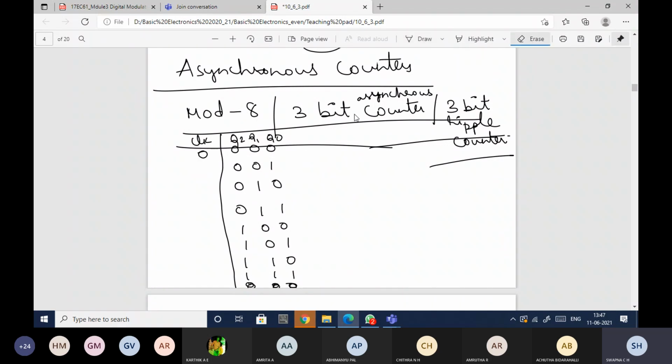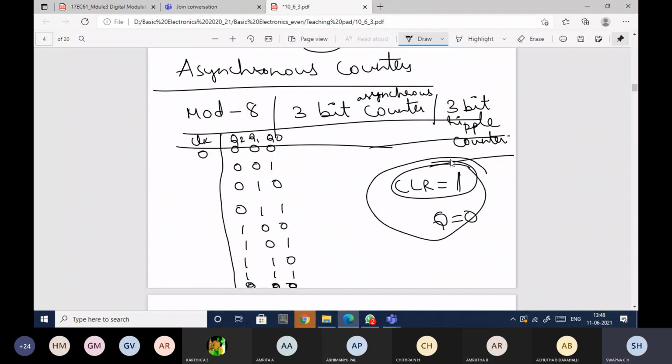How will you make all the flip-flops equal to 0? By just giving the clear input. If you make clear input equal to 1, all the flip-flops will be in the reset state. This you know, right? Whenever I make clear equal to 1, the Q value will be equal to 0. This you know very well.